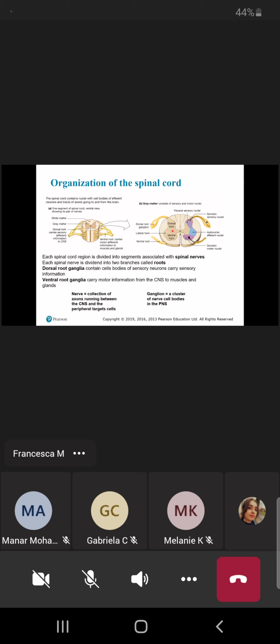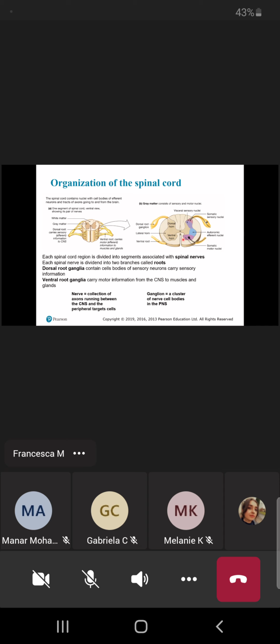From the ventral horn, we have the efferent division, so the motor information that regulates skeletal muscle functions, or glands in some conditions. So basically the structure is more or less the same, two different horns, but from each one of these horns originate cells with different functions.